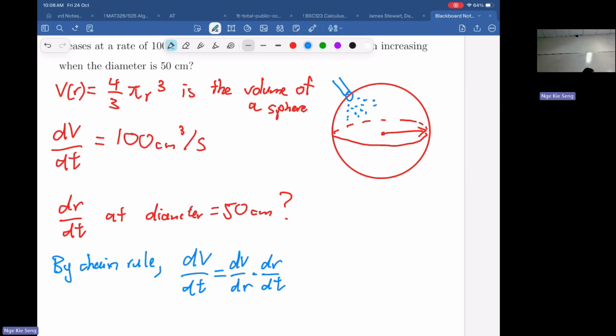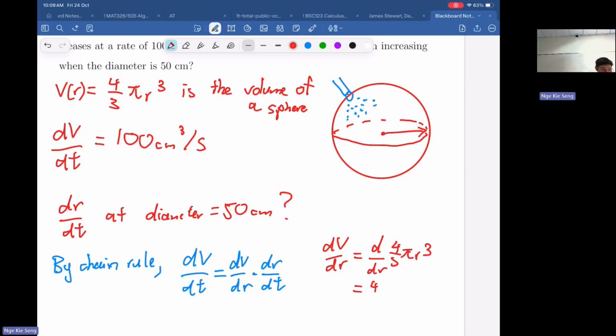Just now, Gabriel said that V is equal to 4 over 3 pi r cubed. Can we get dV dr? Can, right? So what is dV dr? dV dr equals d of 4 over 3 pi r cubed over dr. Then what can we do here?